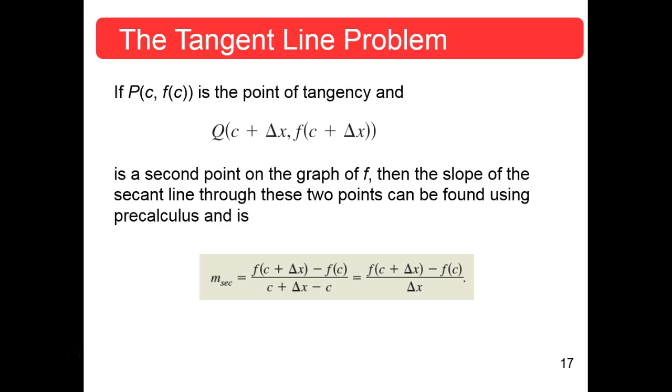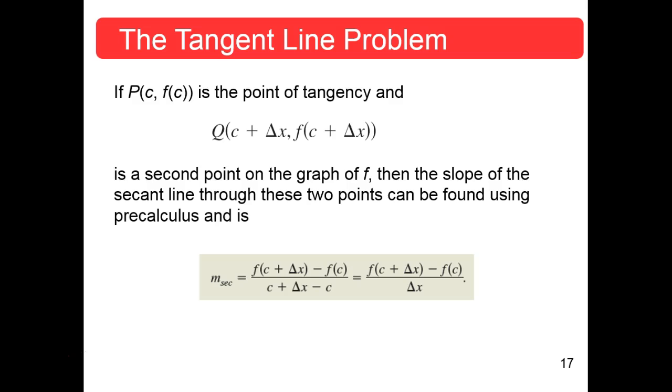Okay. So if point P, which is c, f of c, is the point of tangency, and Q is that other point over there, c plus delta x is the x value, and f of c plus delta x is the y value, that's the second point on the graph, then the slope of the secant line is rise over run, this y minus that y over this x minus that x.